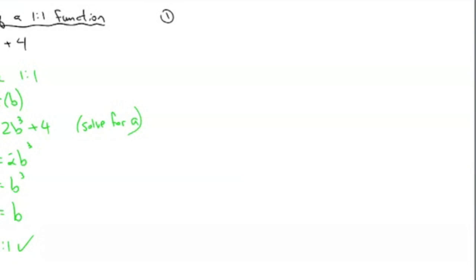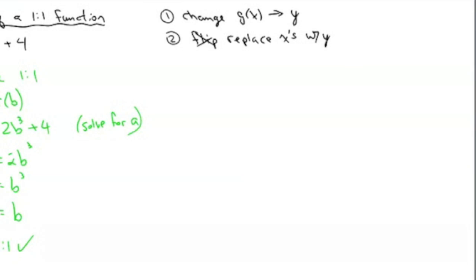Number 1, change g of x in this case into y. We want to go back to xy notation. Number 2, flip: replace x's with y and y with x.